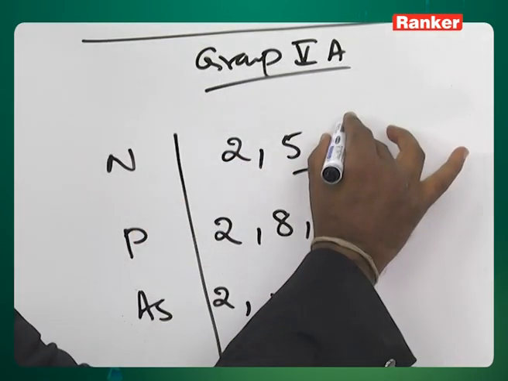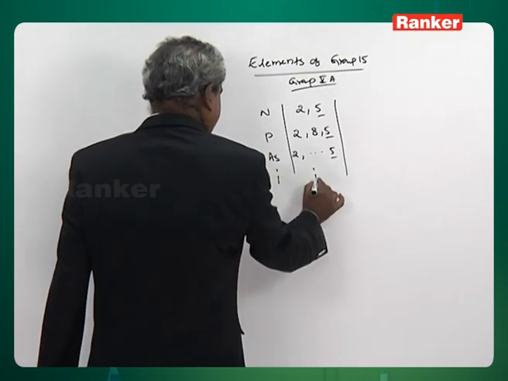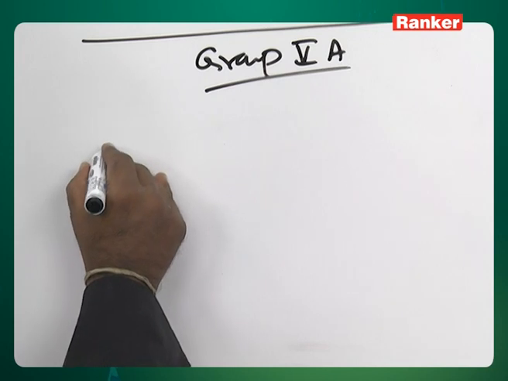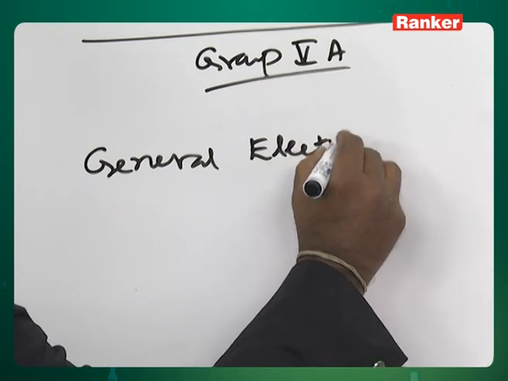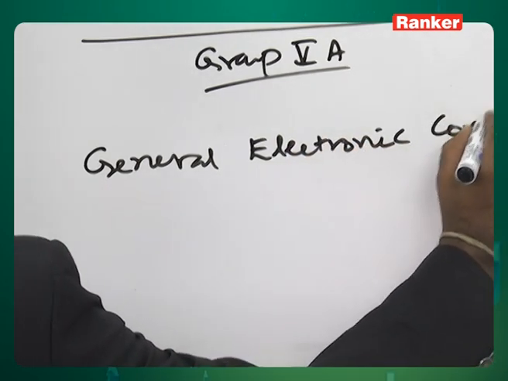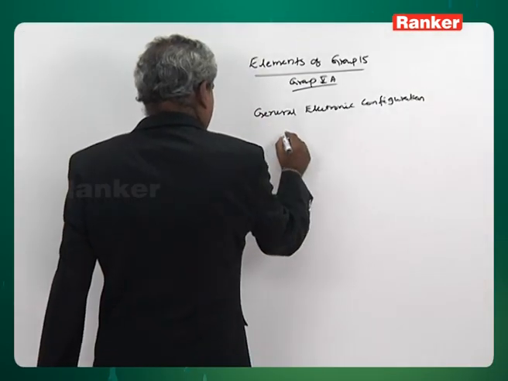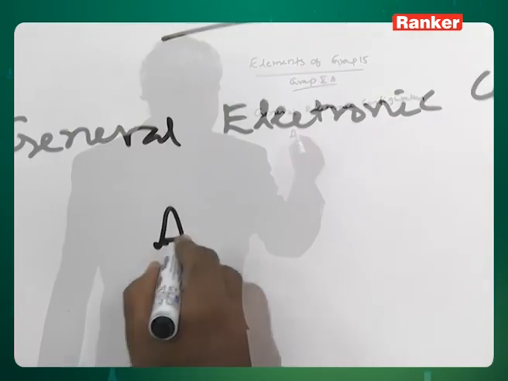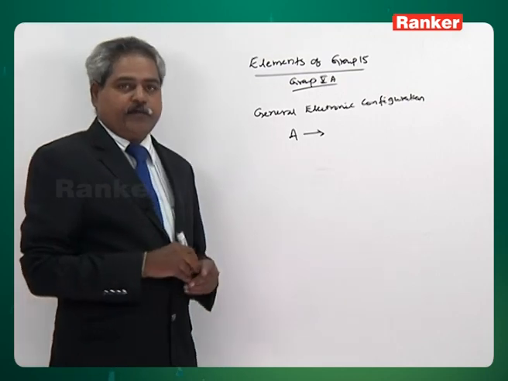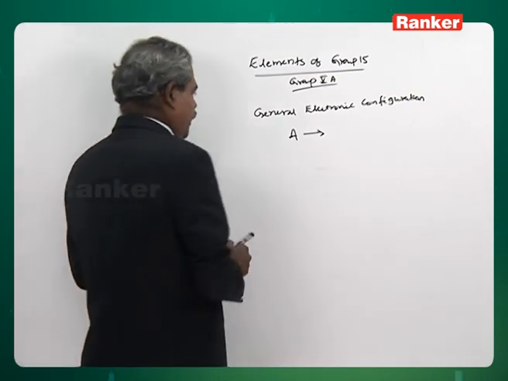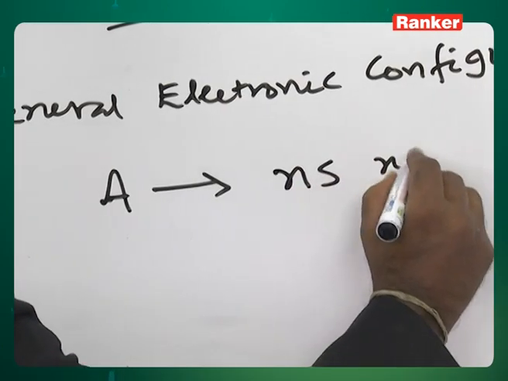Nitrogen, phosphorus, arsenic, antimony, bismuth: distribution of electrons in the main levels. What about the general electronic configuration? For the A subgroups, 1A, 2A, 3A, etc. in the old numbering, we have A and B. Divide the electrons between ns and np.